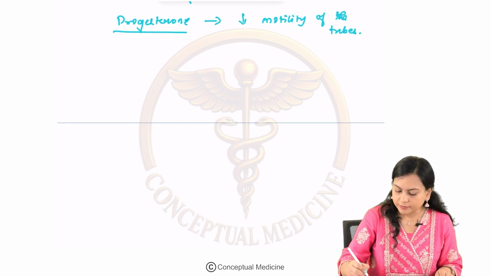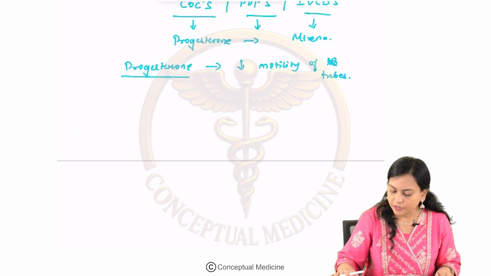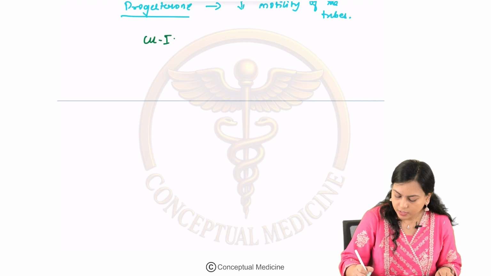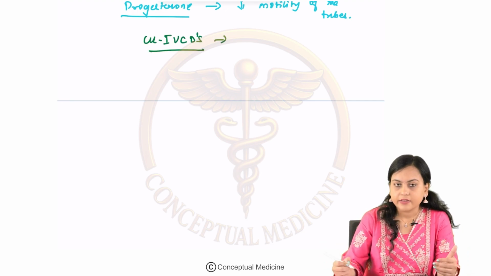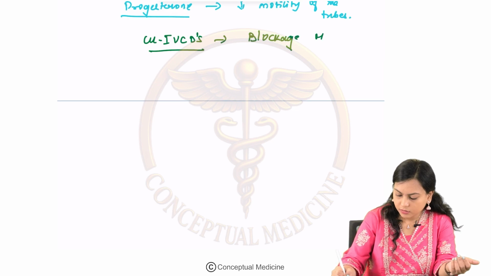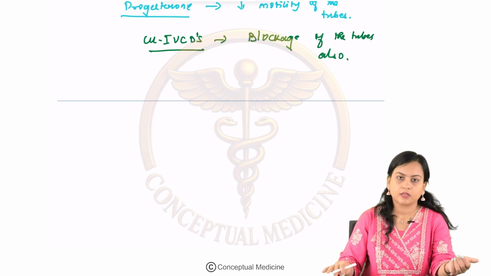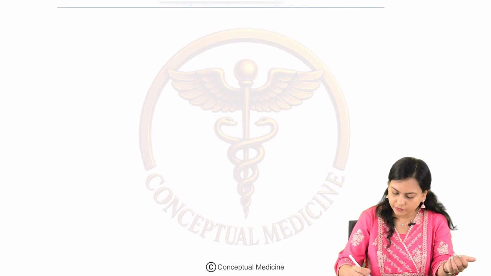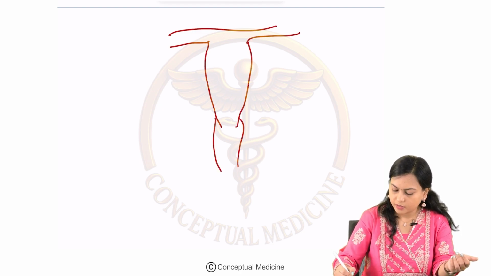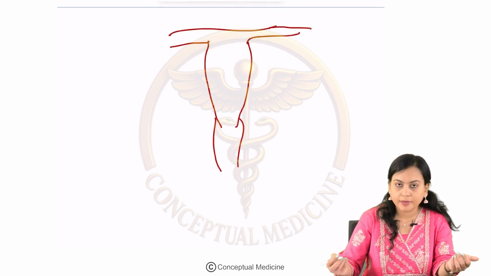And another one is, suppose you take other IUCDs like copper IUCDs, what is going to happen is there is blockage of the tubes as well. Can you understand? So let us take this as the uterus, right? I am giving a copper T now.